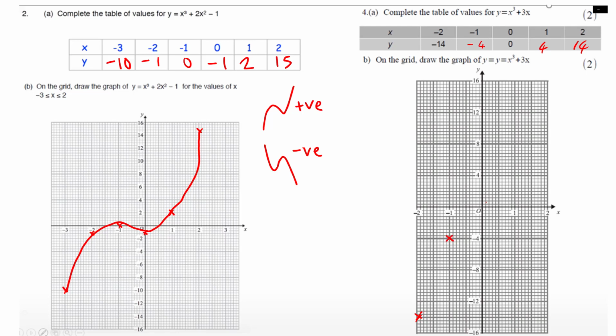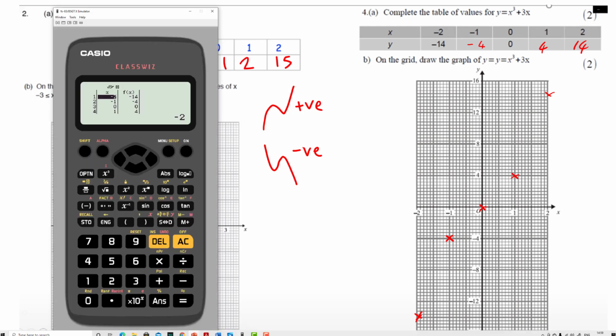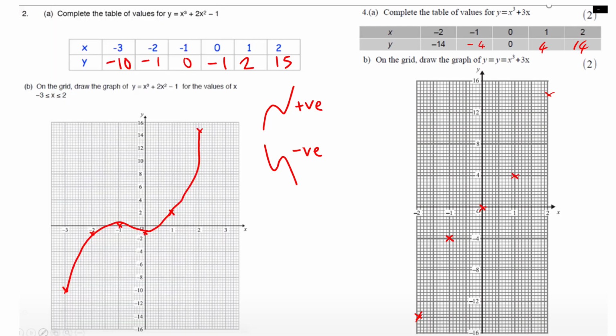Always double check the scale. 0, 0, 1 and 4, 2 and 14. So that is going to be something like that.